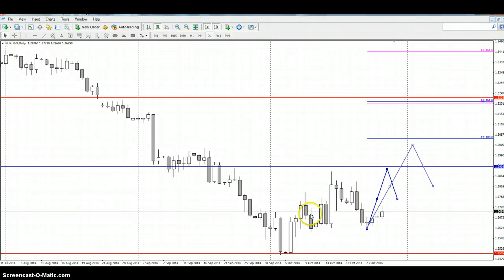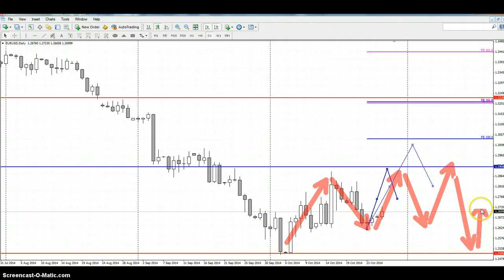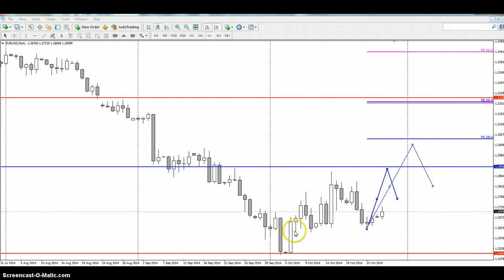The second thing that the currency can do is basically go into a range and play like that for a while, potentially a couple weeks, considering that this level here would be the level of support and resistance for that range.